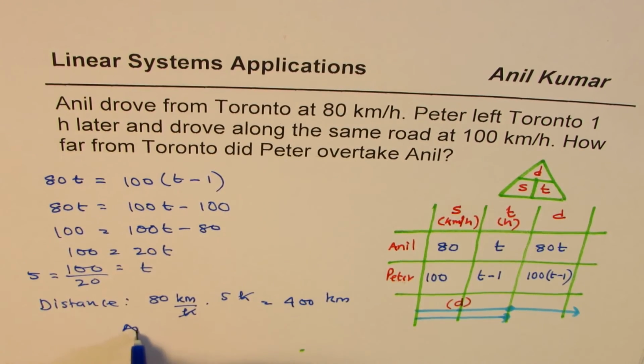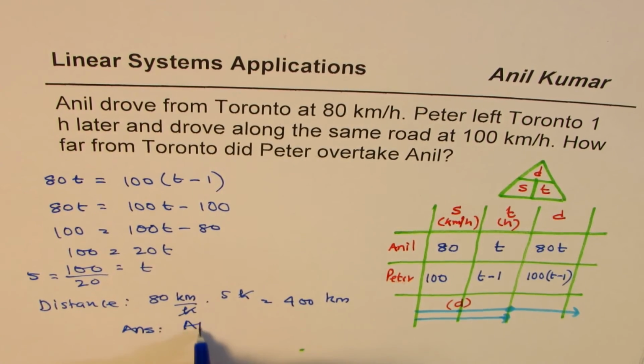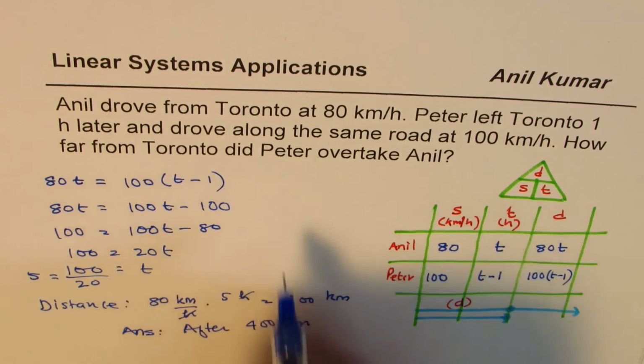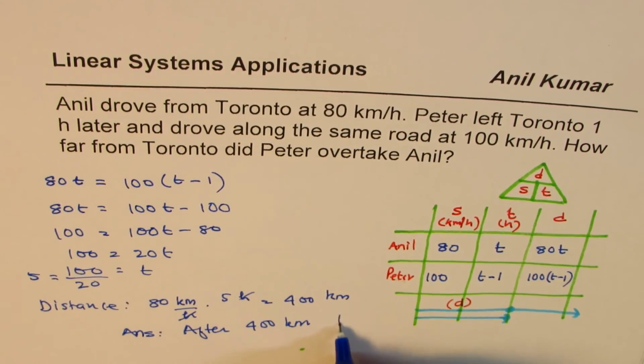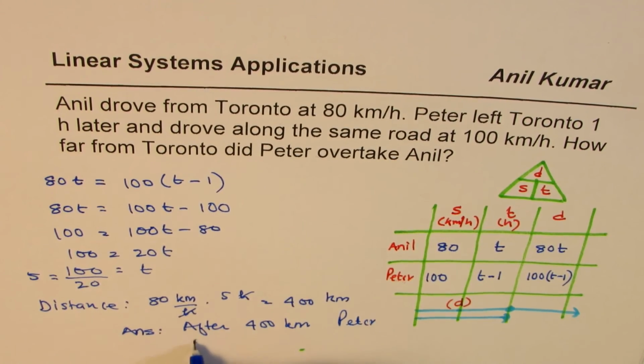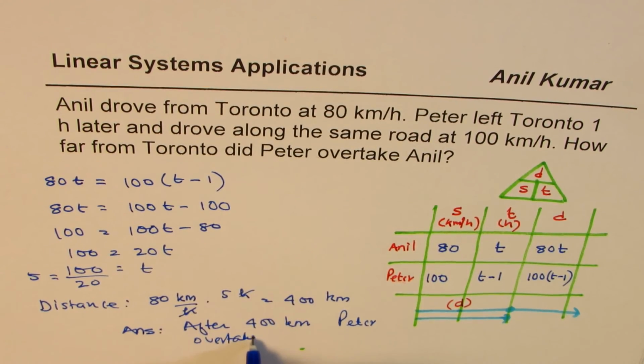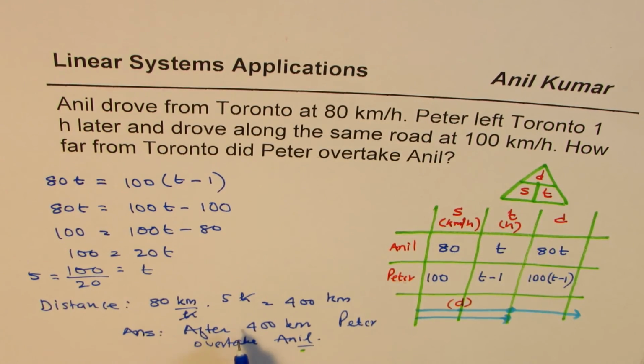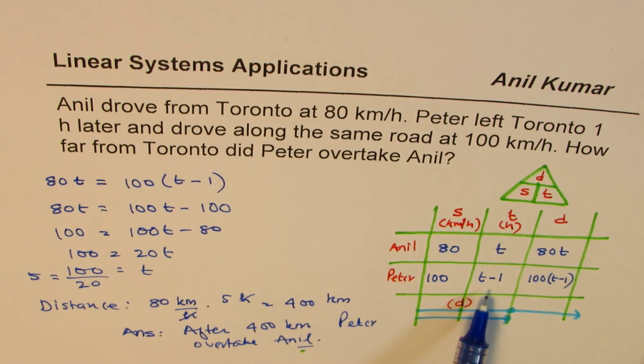So the answer is after 400 kilometers, Peter overtakes Anil. So it took Peter how much time to drive? 4 hours in this case, right?